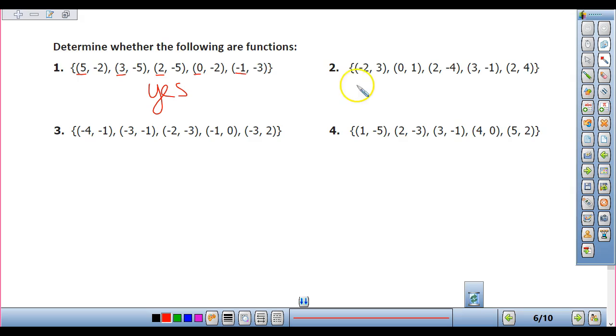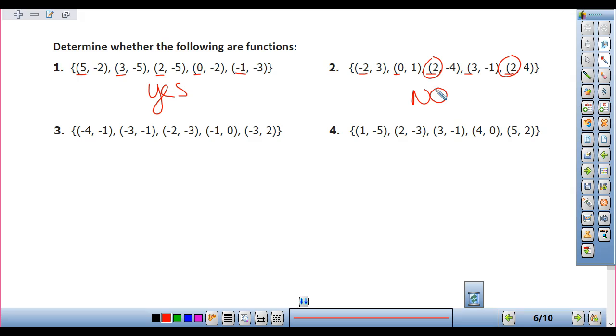Okay, so number 2, we've got negative 2, 0, 2, 3, and 2. Any repeaters? What repeats? 2 repeats. So it is not a function. Any repeaters in 3?